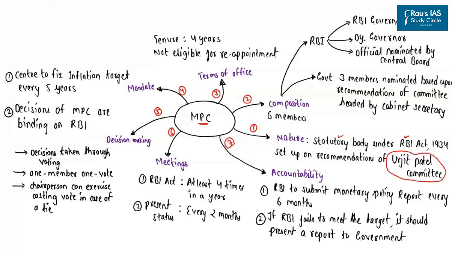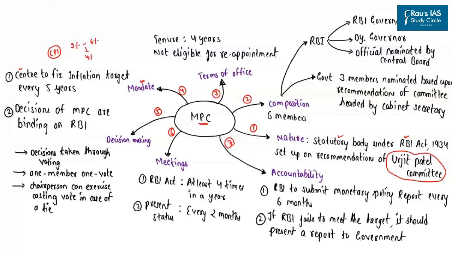So what exactly is the mandate of the Monetary Policy Committee? See, the central government fixes the inflation target in terms of the consumer price index every 5 years. Right now, this inflation target which the MPC is required to maintain is between 2 to 6% and ideally at 4%.